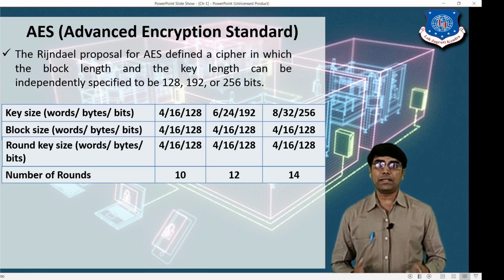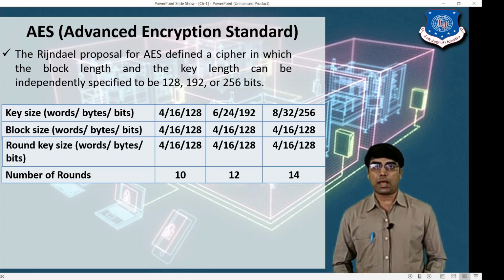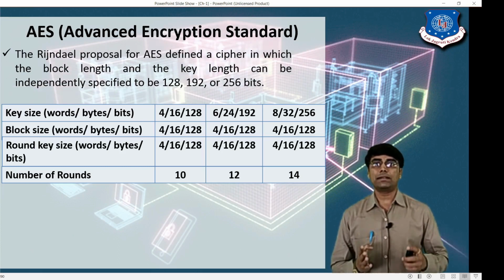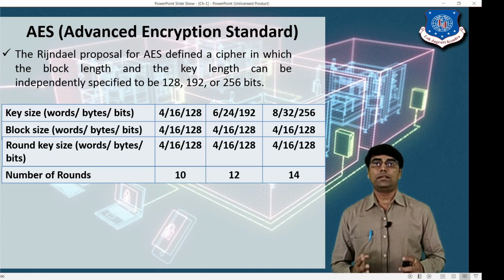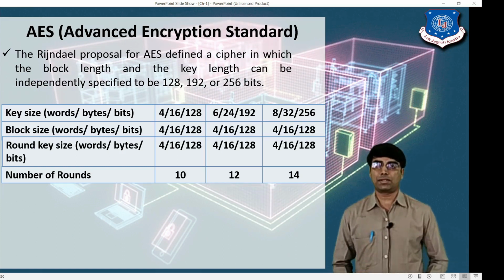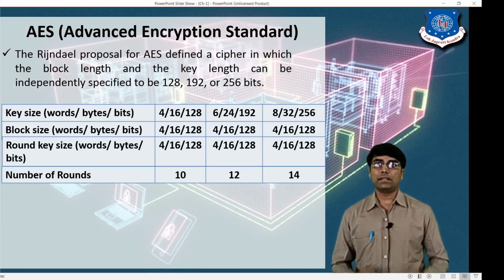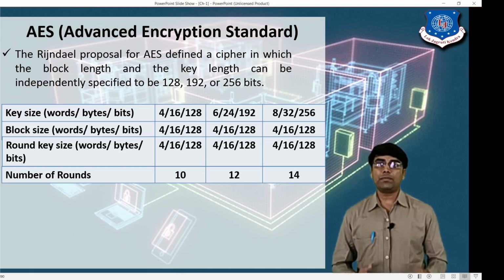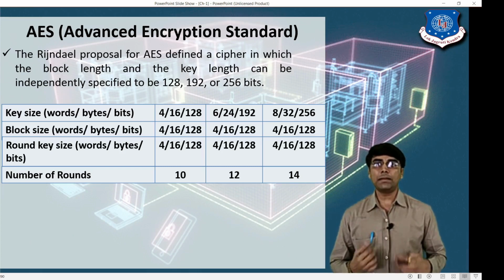If the key size is 192 bits, the number of rounds required is 12. And if the key size is 256 bit, the number of rounds required is 14. Generally in all scenarios, the 128 bit key is used, and the number of rounds required is 10.